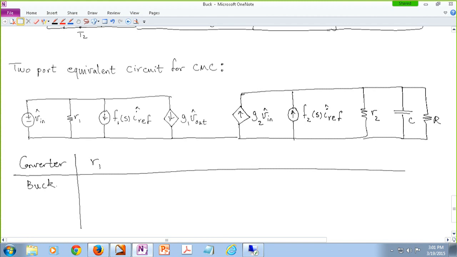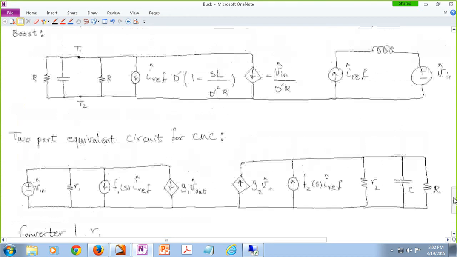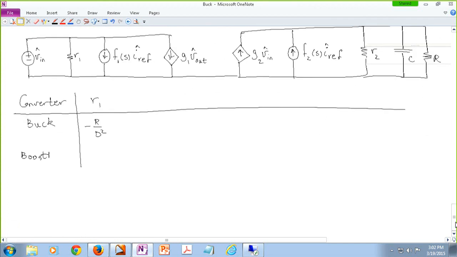For instance, if you remember, for the buck topology, R1 was negative R over D squared. For the boost that we just developed a few minutes ago, on the input side there is no resistance, so it's actually like an open circuit, like infinity. And for the buck boost, we haven't done it. Maybe this could be a homework assignment, but I haven't decided yet.